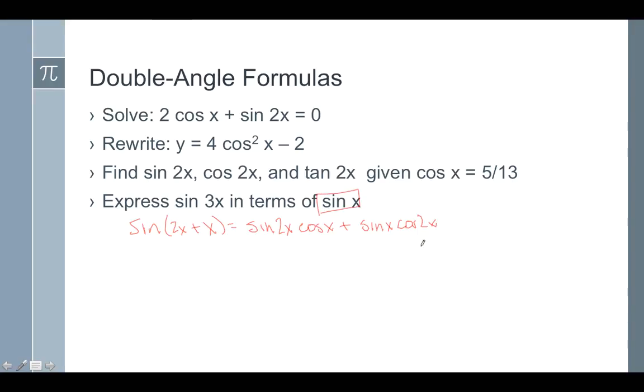So this is kind of just a practice on using your identities carefully. Now, sine of 2x right here is not done yet, so I need to keep that as 2 times the sine of x times the cosine of x.